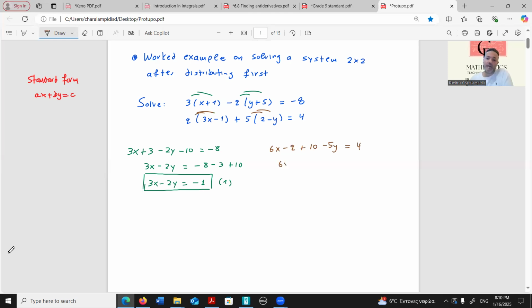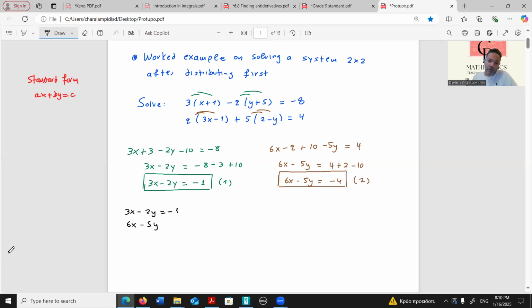So 6x minus 5y should be equal to 4 plus 2 minus 10, which means that 6x minus 5y should be equal to negative 4. And this one should be named by 2. This means that the originally given system of equations can now be expressed in the form of this pair of equivalent equations.